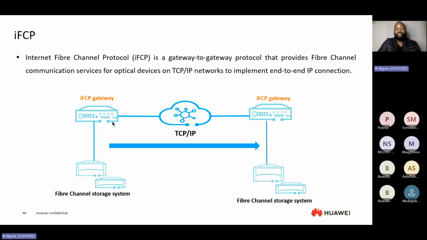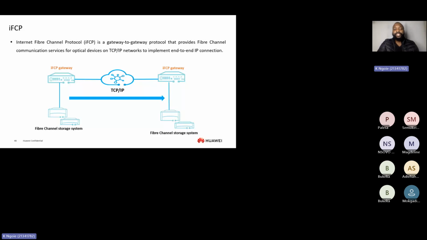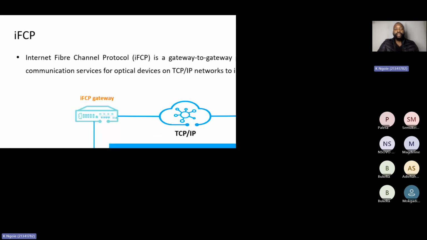So we have your FCP gateway here through the TCP/IP connection. That's how we're going to connect to different devices in different locations. So these are the two centers that we're talking about.